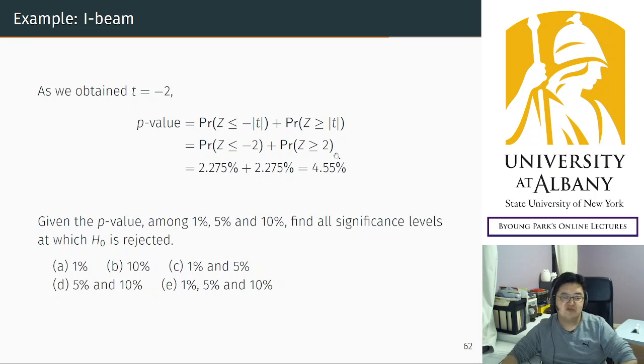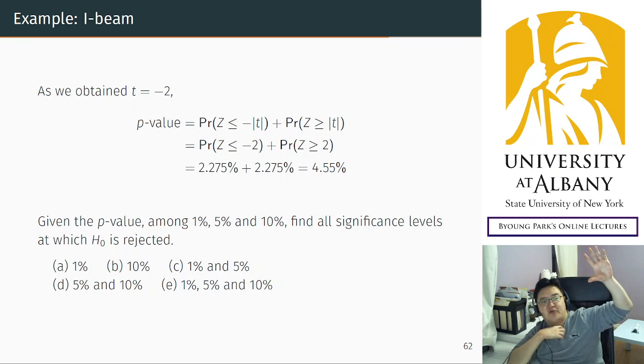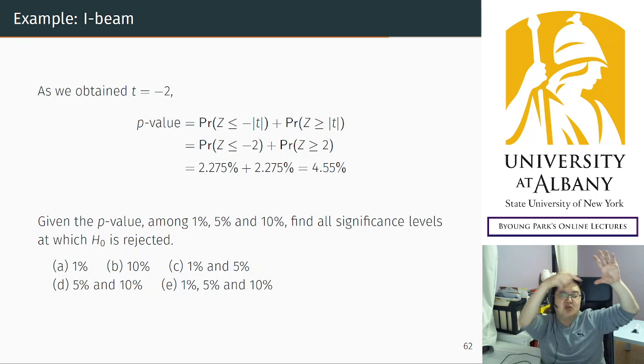And given this outcome, the p-value, among the 3 common significance levels, at which level is the null hypothesis rejected? Think about this. The answer is 5 and 10%. So remember, the null hypothesis is rejected if the p-value is below alpha. Alpha captures how much you are going to reject from the top, and the p-value shows the ranking.